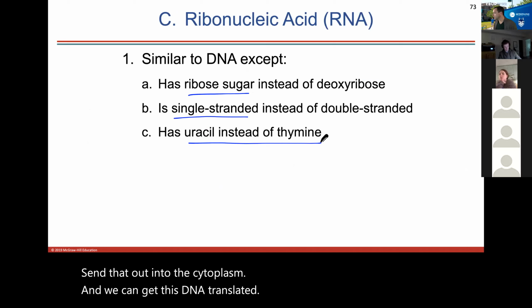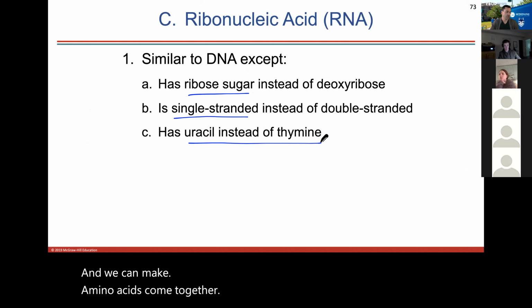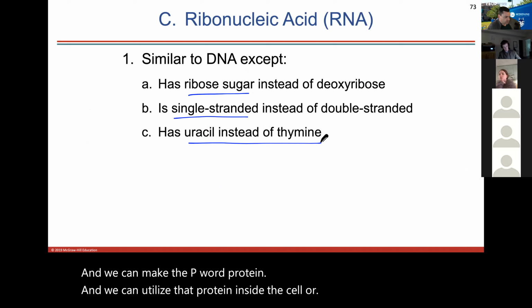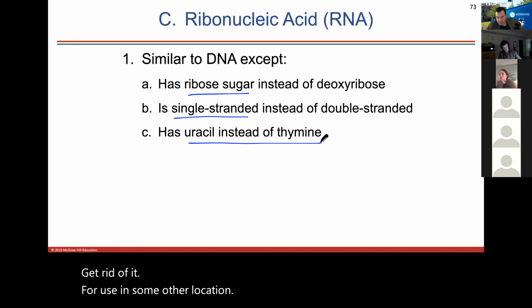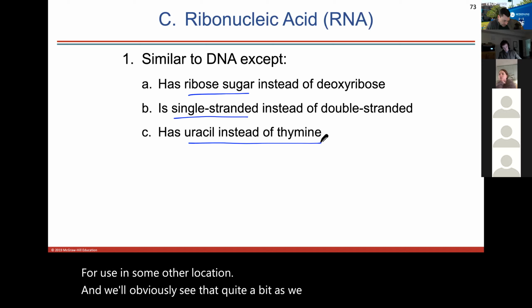And we can make amino acids come together. And we can make the P word, protein. And we can utilize that protein inside the cell or get rid of it for use in some other location. And we'll obviously see that quite a bit as we start talking about communicating throughout the body.